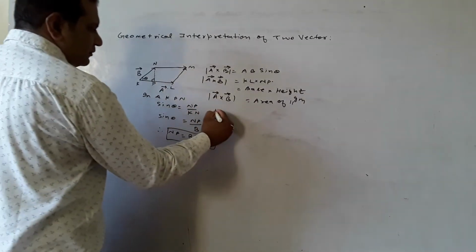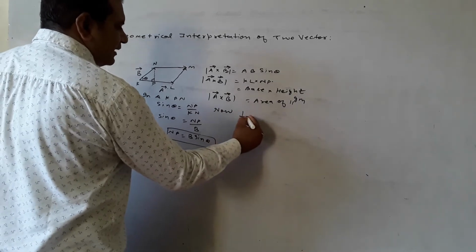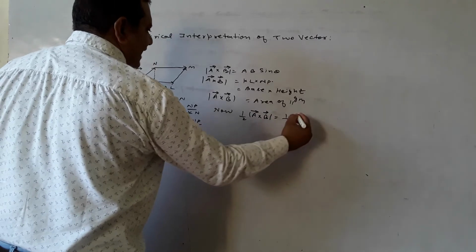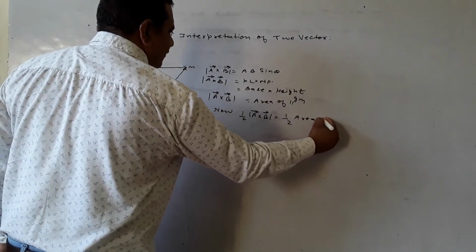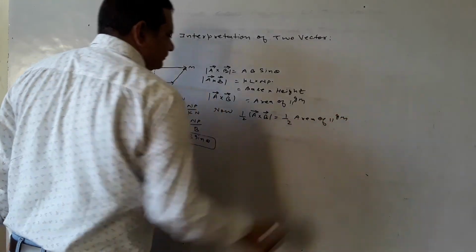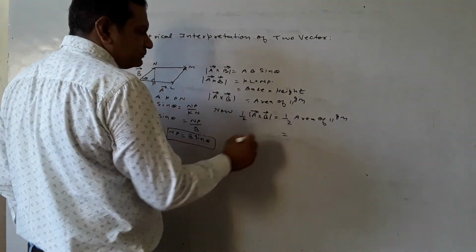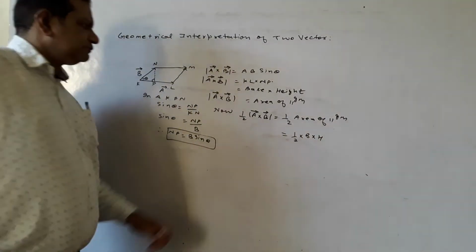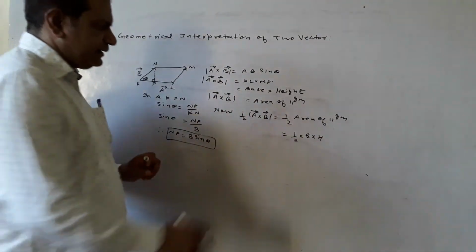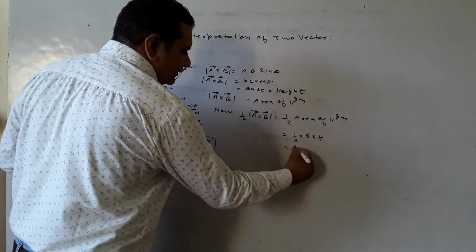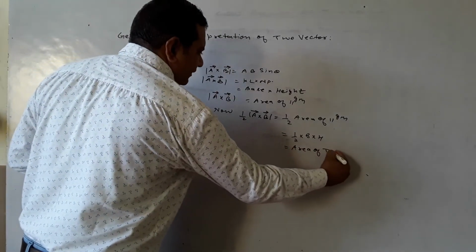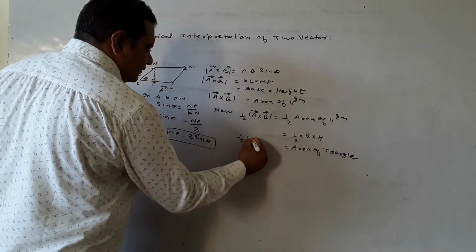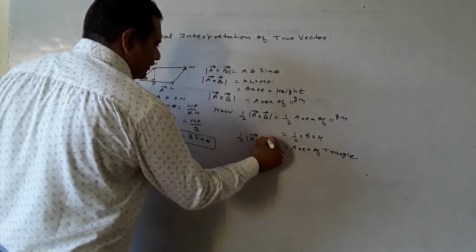Now we can write half mod A cross B is equal to half into the area of the parallelogram, which is half into base into height, the area of a triangle. So this is half mod A cross B.